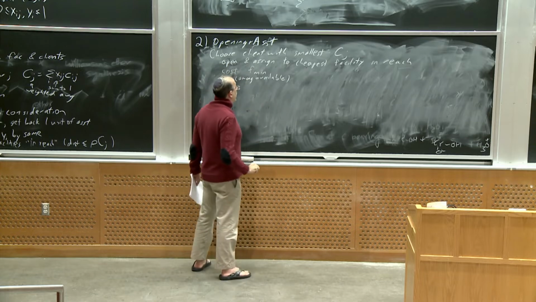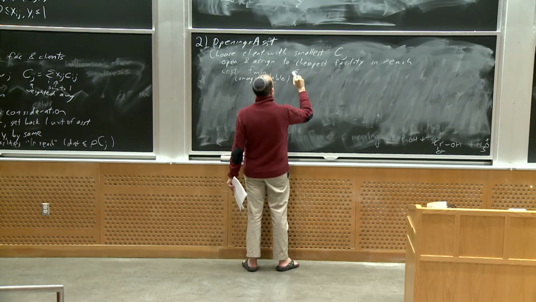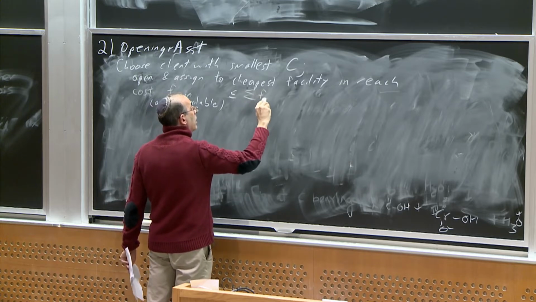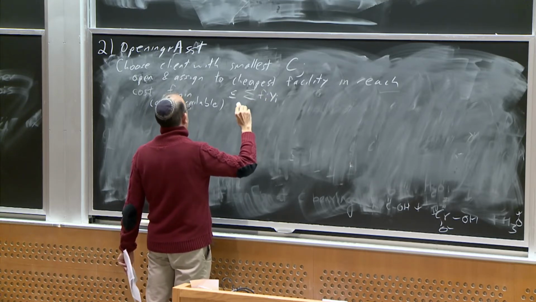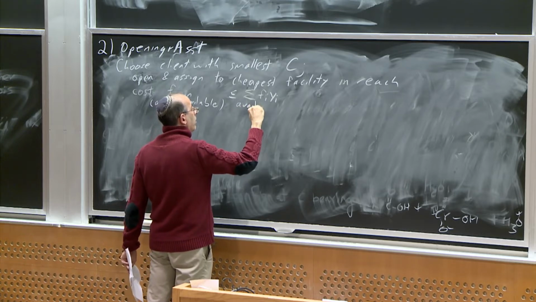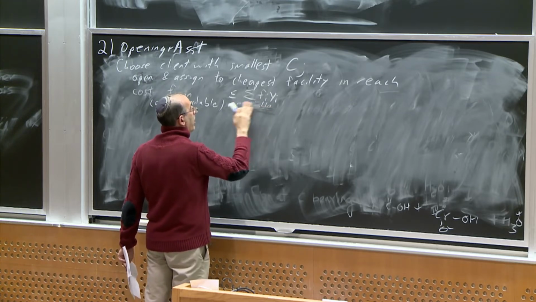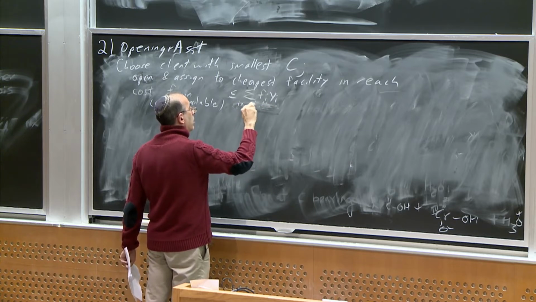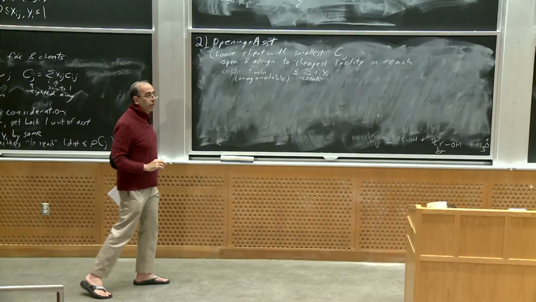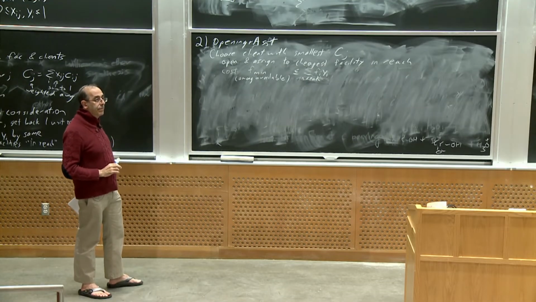And importantly, I claim that this is less than or equal to the sum of fi yi among facilities in reach. Why is that?